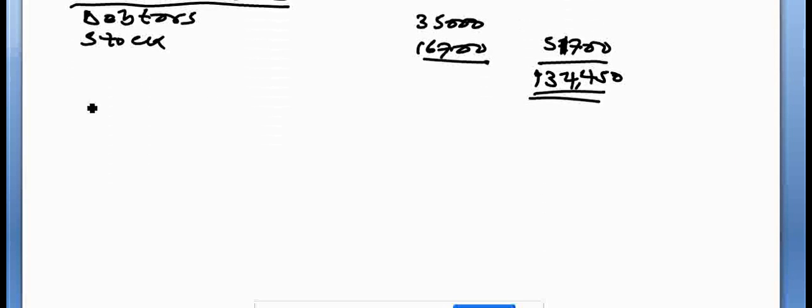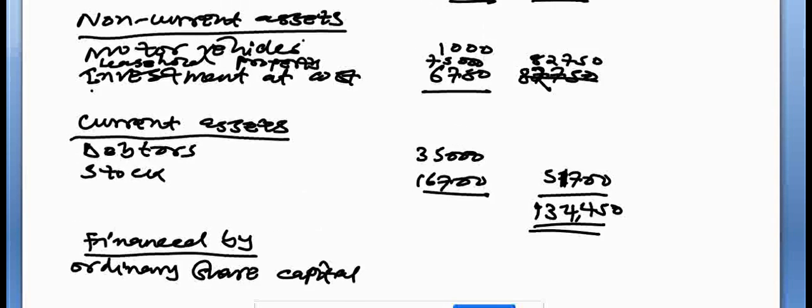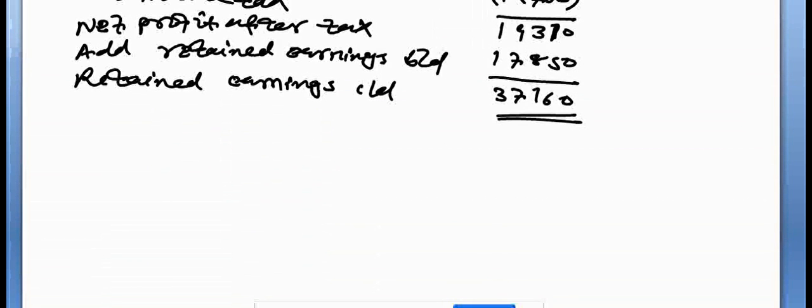So tunasema financed by. Tunaanza na capital, or rather ordinary share capital. Ordinary share capital, wacha tuone ilikuwa ngapi. Ordinary share capital.